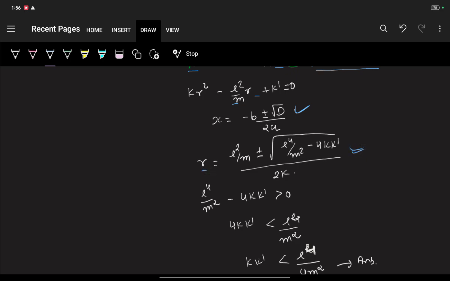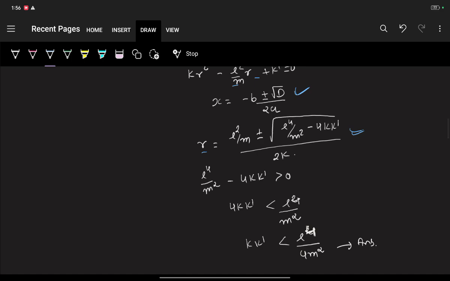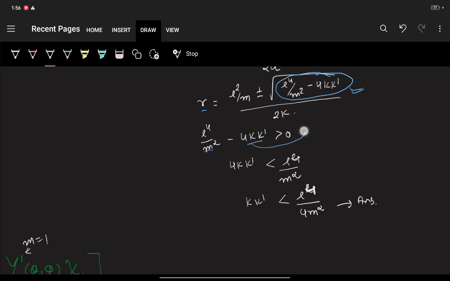Now to get stable equilibrium, this term must be positive or 0. That means L^4/m^2 - 4k' is greater than 0. And by just taking this term over here, we get 4k' is less than L^4/m^2. And from here we get this answer. That was the answer.